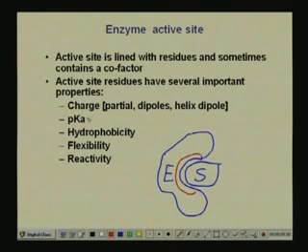Why? Because the pKa is going to determine whether you have a protonated, deprotonated or zwitterionic form of your amino acid.